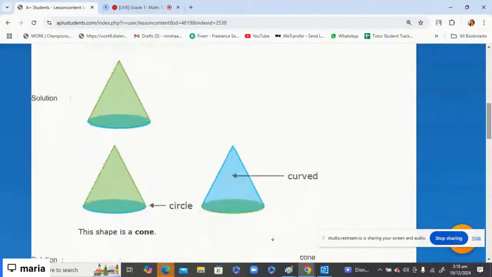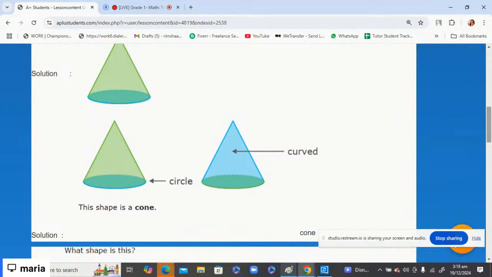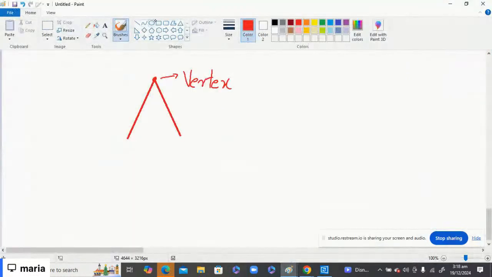Now there is one circle. Here is the one circle over it. So this is one vertex and this is one circle. These both are different.